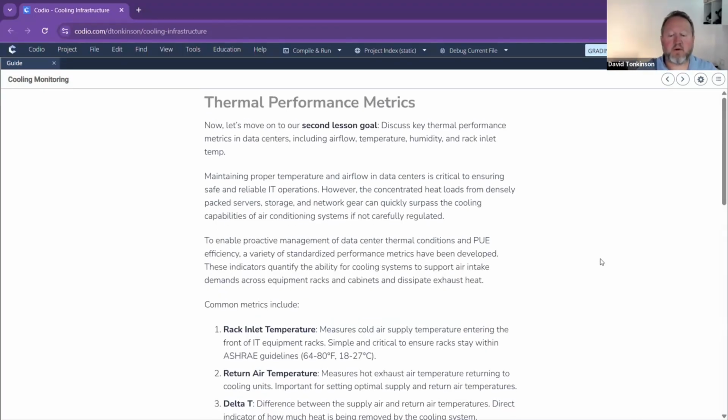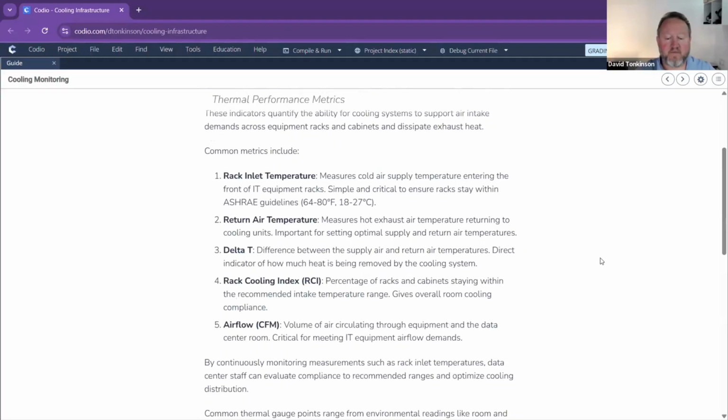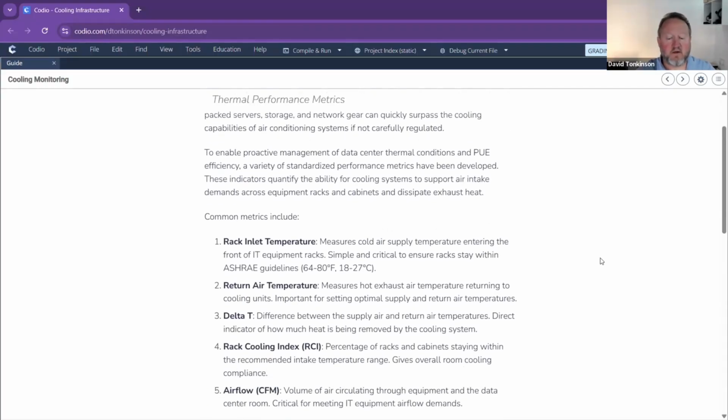So we'll have a look at what we call our thermal performance metric. This is where we talk about how our rating is going to work. The common metrics that we measure are the rack inlet temperature. When we talk about the inlet, this is our cold aisle. The return air temperature is the temperature that comes out, which is basically our hot aisle.